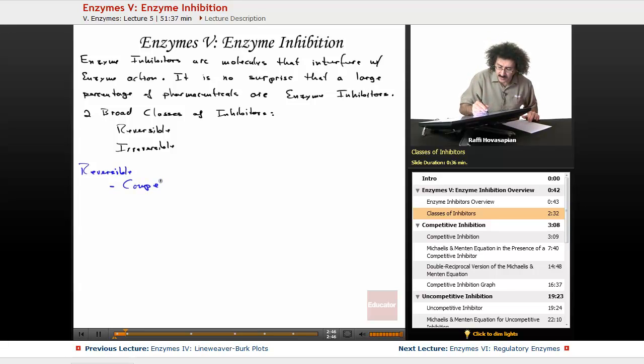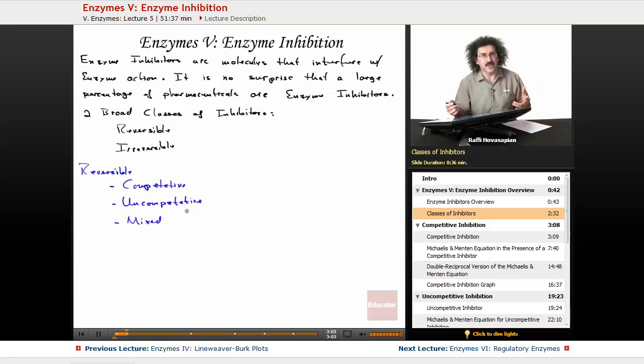Something called a competitive inhibitor, which is exactly what you think it is, but we'll give a definition in just a minute. An uncompetitive inhibitor, and a mixed inhibitor, mixed being a combination of competitive and uncompetitive.